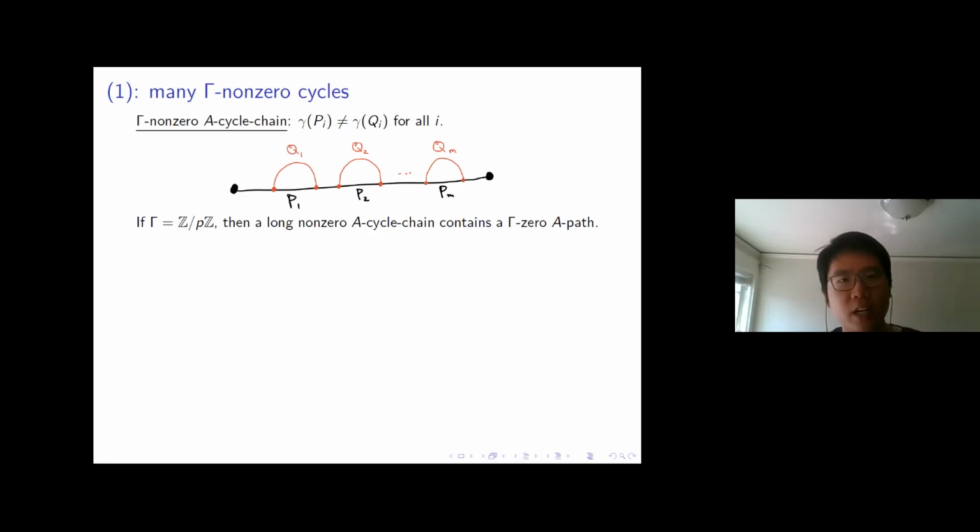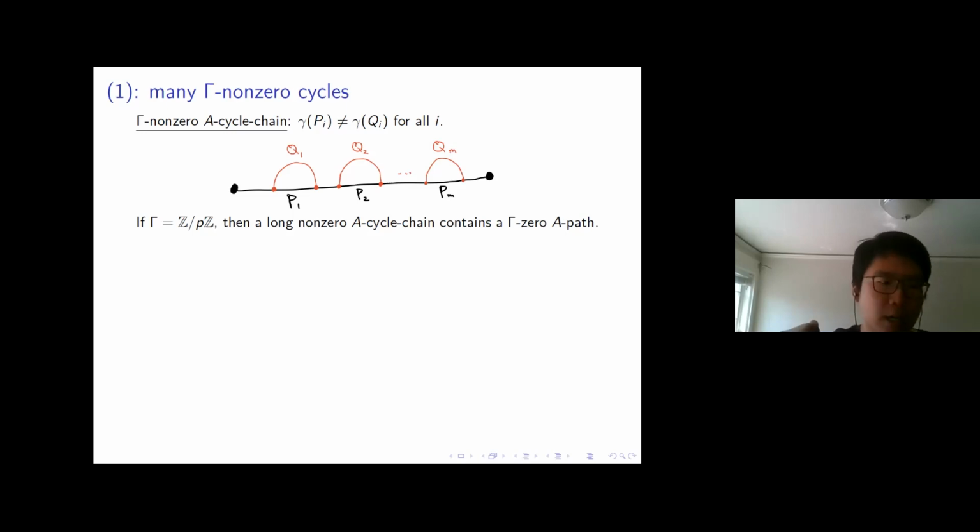For example, the entire black path could have length 1, and whenever you reroute one of the P_i's to the Q_i's, you could gain 3. So no matter how you reroute your path in the cycle chain, you'll get 1 plus a multiple of 3, which is really the counterexample that shows the construction. But for primes, this always works.